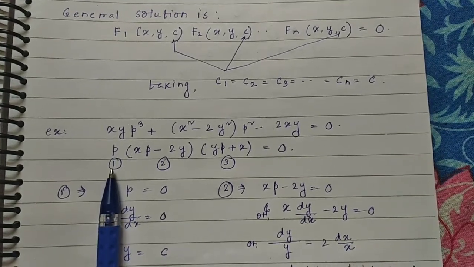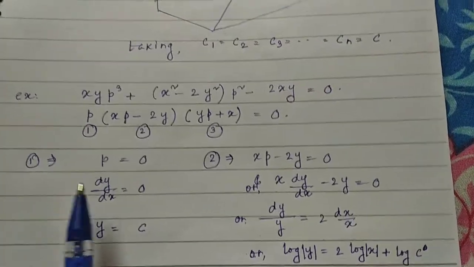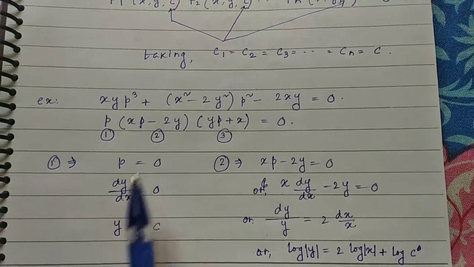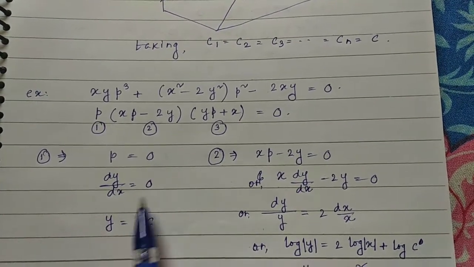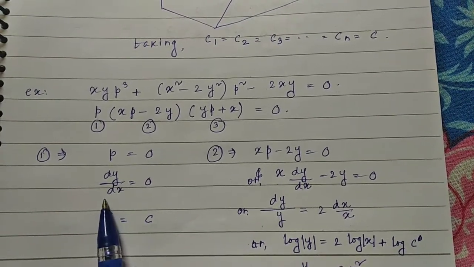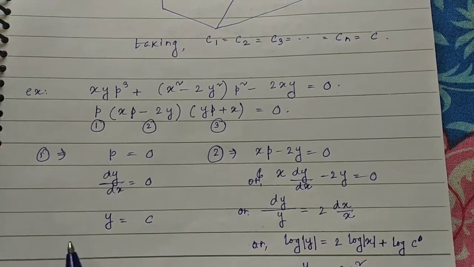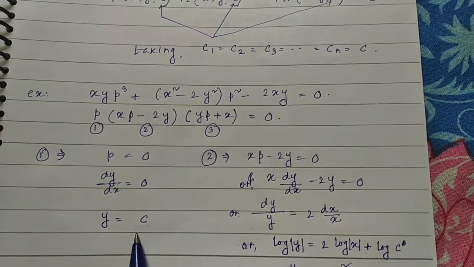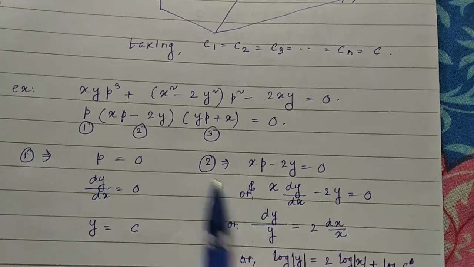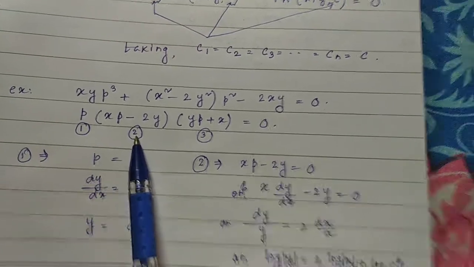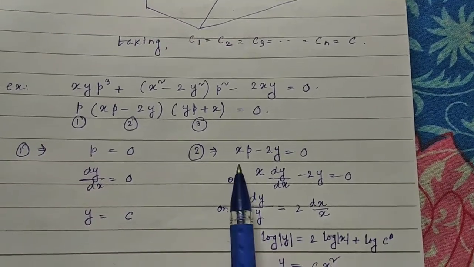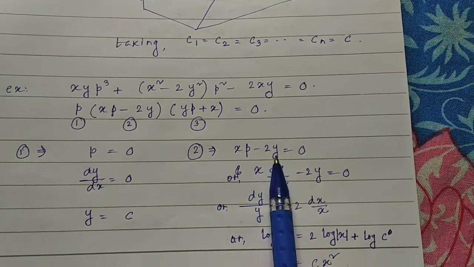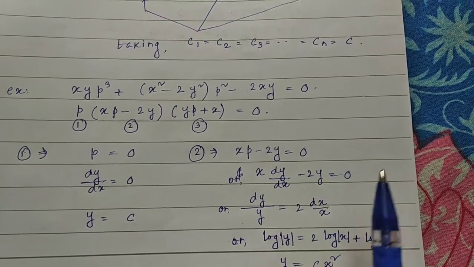So the first factor is p, which gives p equals 0, so dy/dx equals 0. If you move dx to that side and integrate, you get y equals c. Now come to the second one: xp minus 2y equals 0.